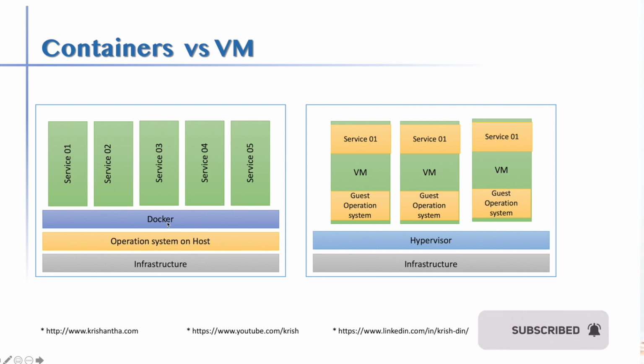For now, since you don't know, you can create multiple containers on top of the Docker engine. If you compare this with virtualization, you have infrastructure, some VM platform, and then you have a guest operating system. Then on top of the guest operating system only you can deploy your service. So this is the difference. Here you have an operating system for each virtual machine, but here you don't have something like that.